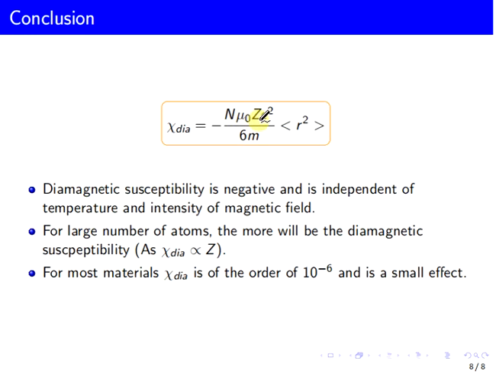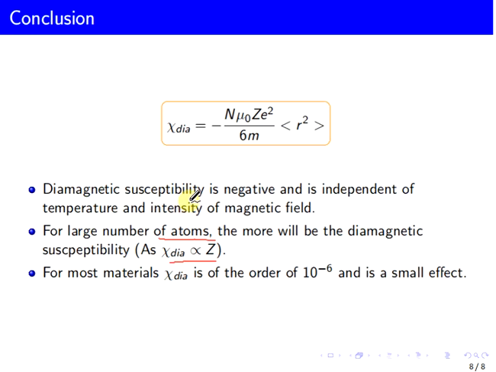Also there is a term Z here, so for atoms with larger atomic number, the susceptibility value will be higher since it is proportional.